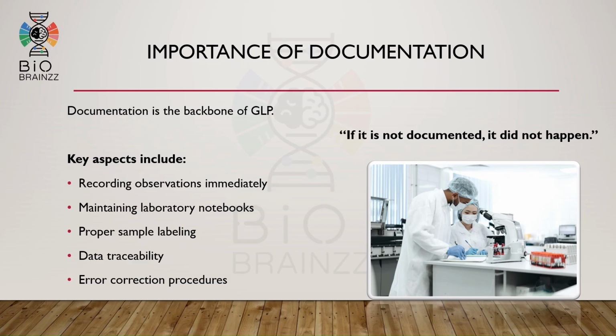Important points in documentation include recording observations immediately, maintaining laboratory notebooks, proper sample labeling, data traceability, and proper error correction procedures. There is a very common statement in laboratories: if it is not documented, it did not happen. This means proper documentation of records is extremely important in laboratory work.